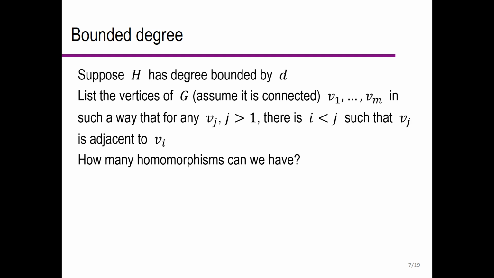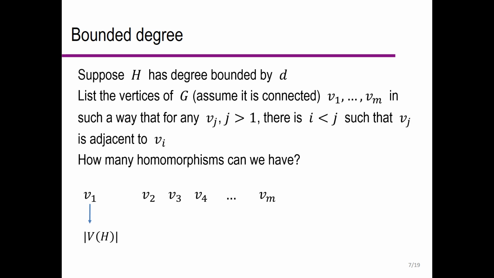So let's estimate how many homomorphisms we can have. Suppose this is our list, v1, v2, v3, and so on. Potentially the first vertex in the list can be mapped to graph H in any possible way.